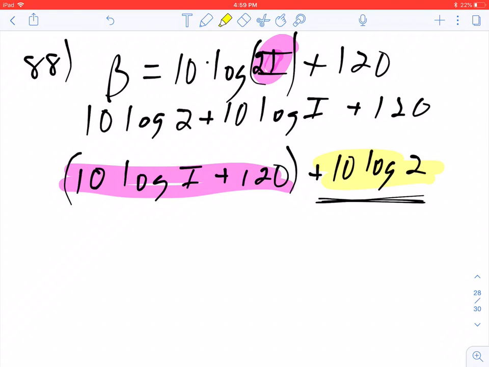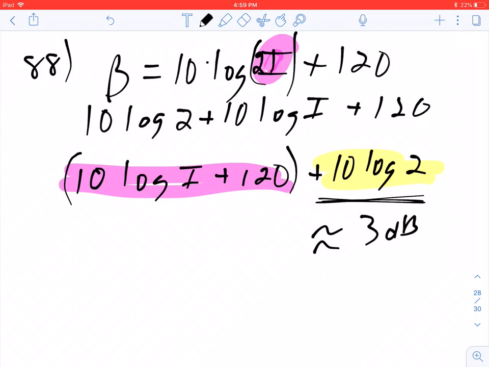And when you type 10 log 2 into your calculator, what you find is that it is equal to roughly 3 decibels. So by doubling the intensity, you're only going to get an increase of 3 decibels.